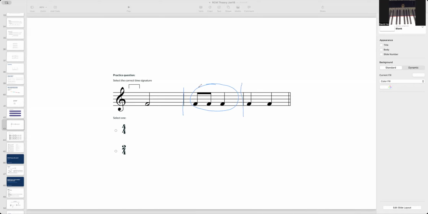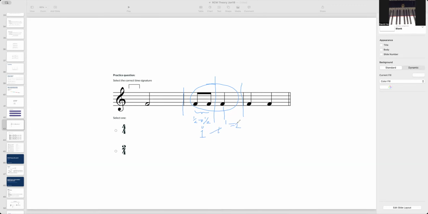Okay, let's just count the numbers in here. This one is 1 beat, and those two are 0.5 plus 0.5, which is still 1 beat. So 1 plus 1 equals 2.